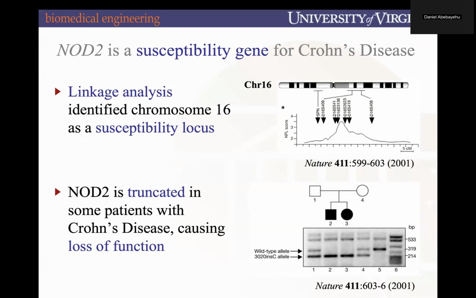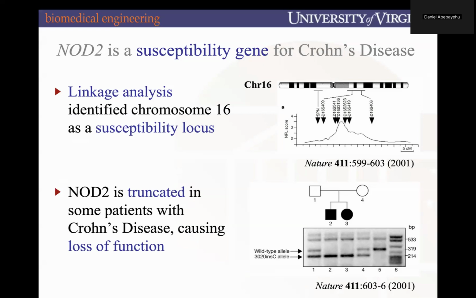The three biggest journals in the world are Nature, Cell, and Science. If you ever publish in one of those journals, that is a huge accomplishment in your career. In Nature, back in 2001, there were two back-to-back articles that looked at susceptibility genes and NOD2.